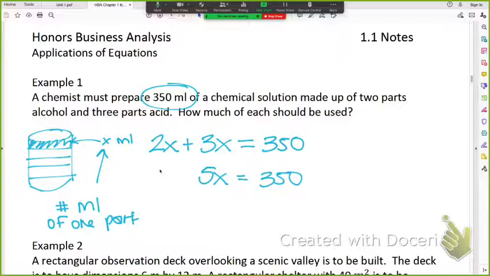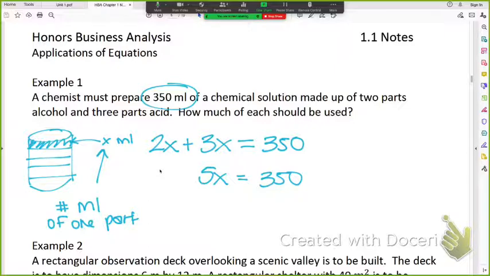I get that you don't like the fact that I'm using X's for both. It's just because all 5 parts are the same amount. So it doesn't matter that it's alcohol versus acid. What matters is that the parts are all equal amounts, and that's what your X is representing.